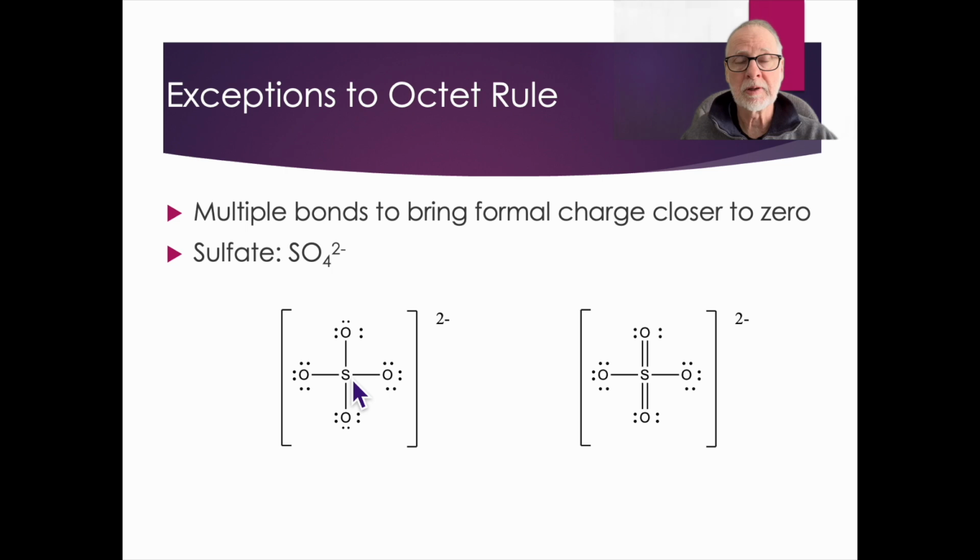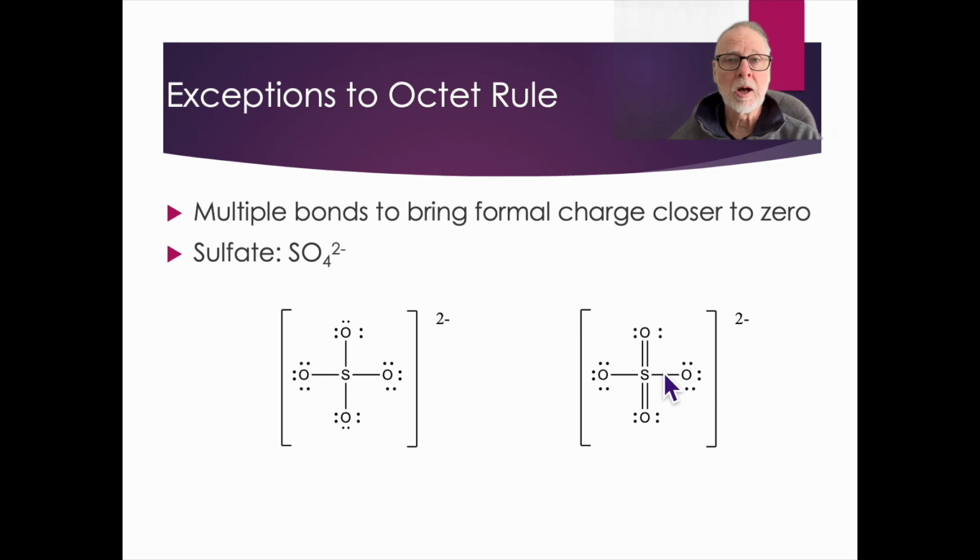The sulfur, because it has 6 also, but only has 4 bonds, is going to have a formal charge of +2. Now those formal charges, since every atom has a non-zero formal charge, and particularly because sulfur is +2, is not actually preferred.